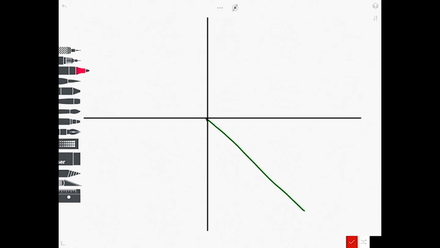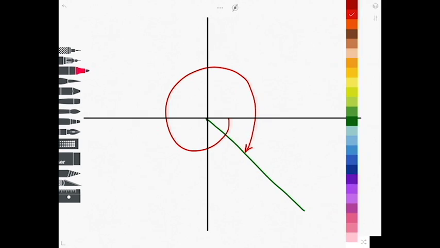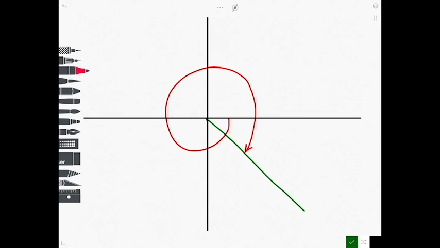It looks like it rotates counterclockwise all the way around once and then to here. And then they tell you that this angle in here is pi over 3. So that angle, this angle right there is pi over 3.